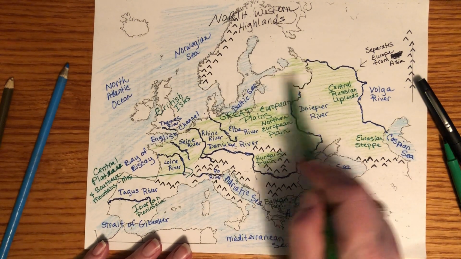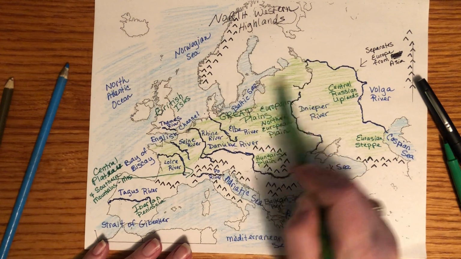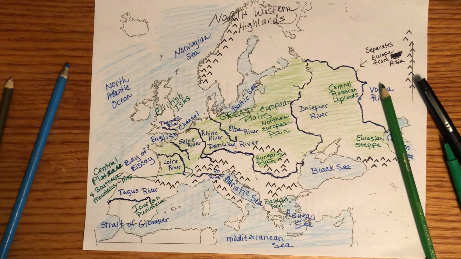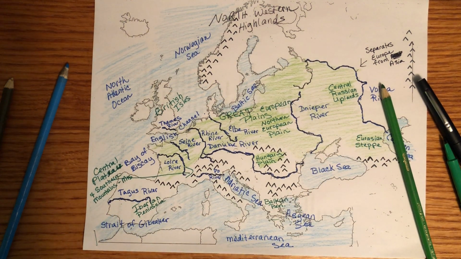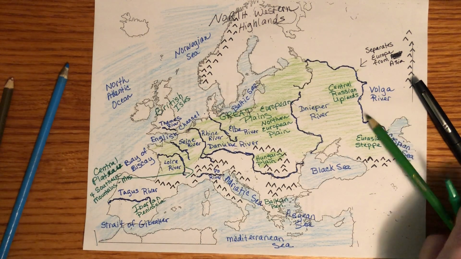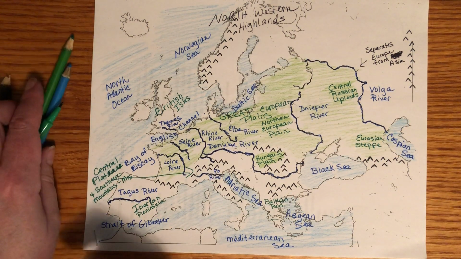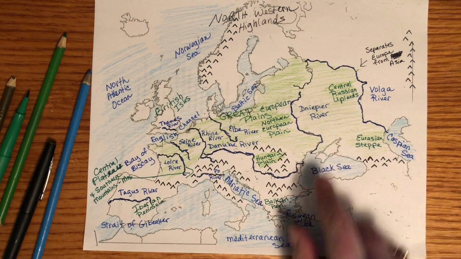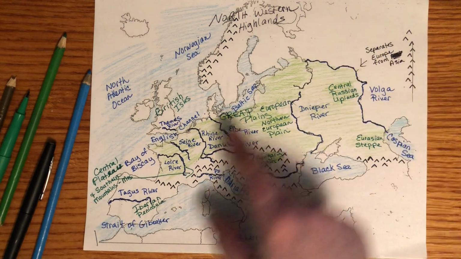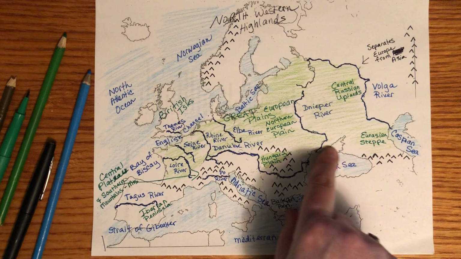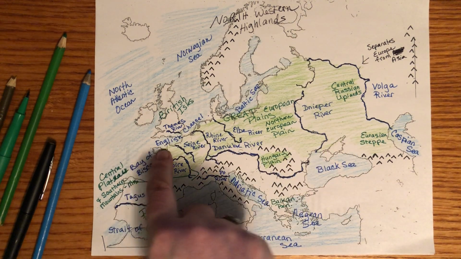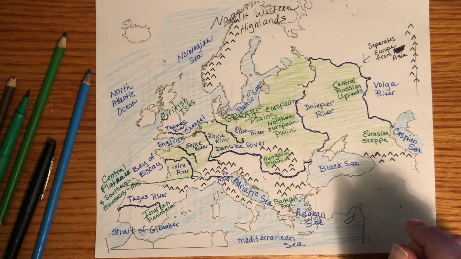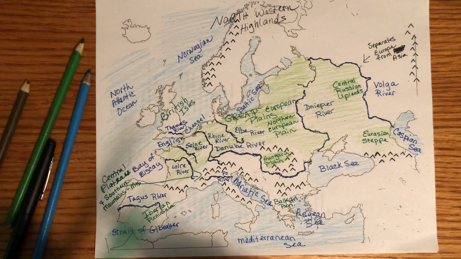It also goes all the way up to the northern area, east of the Baltic Sea, Poland, and towards the Dnieper River, eventually into Russia. All right, Northern European Plain, Hungarian Plain, Central Russian Uplands, and also the Eurasian steppe here, which goes across all the way to Western Europe, and keep going to the right, you'll end up on the Pacific Ocean in China.